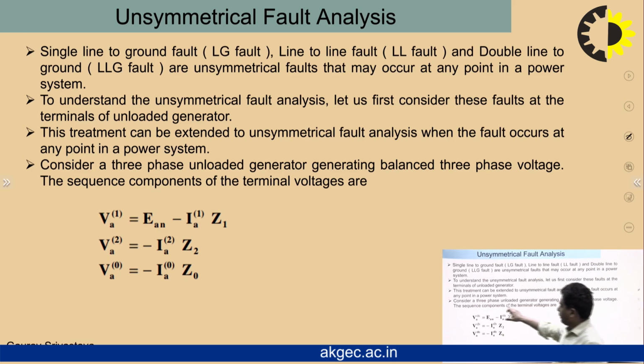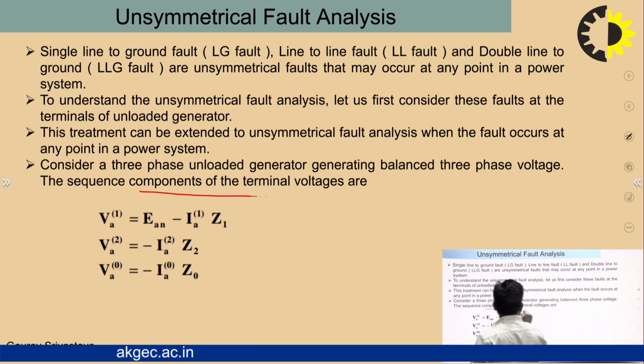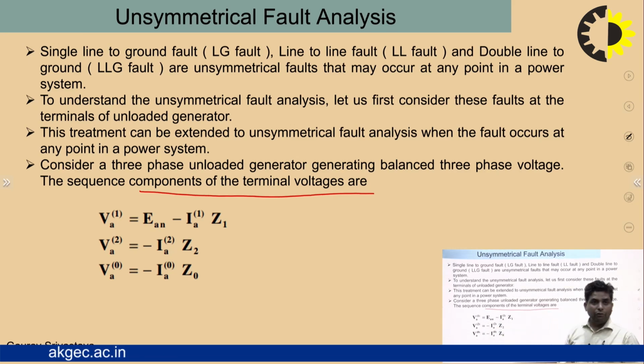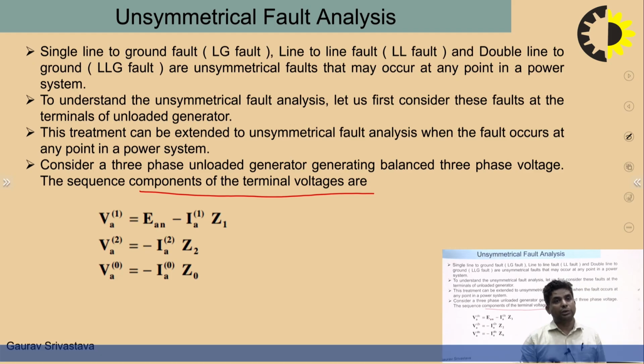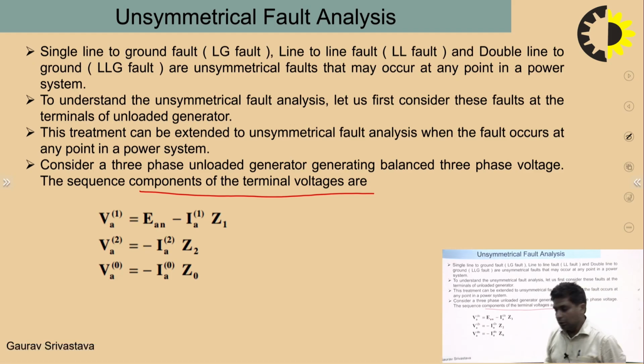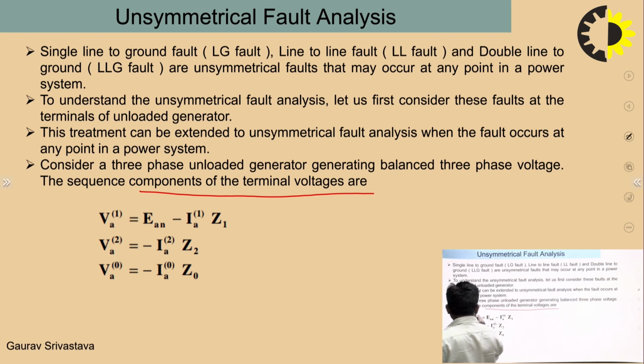Consider a three-phase unloaded generator generating balanced three-phase voltages. The sequence components of the terminal voltages are these. We have already had a lot of discussion on the symmetrical components and the sequence network equations. The symmetrical components VA1, VA2 and VA0 are given like this: VA1 = E minus IA1 Z1, VA2 = minus IA2 Z2, and VA0 = minus IA0 Z0.